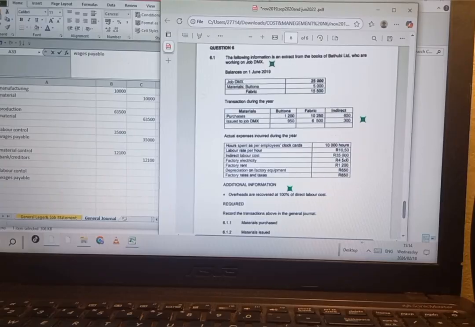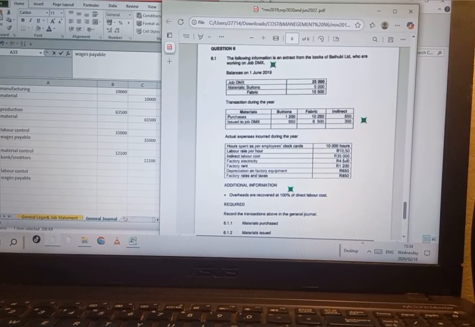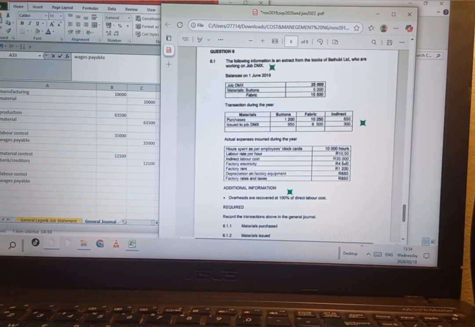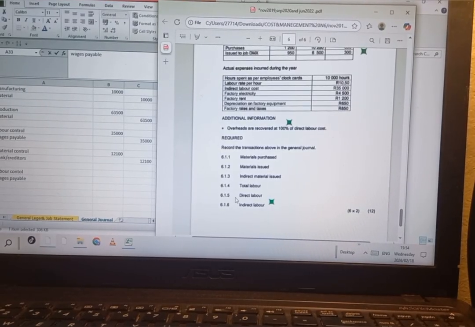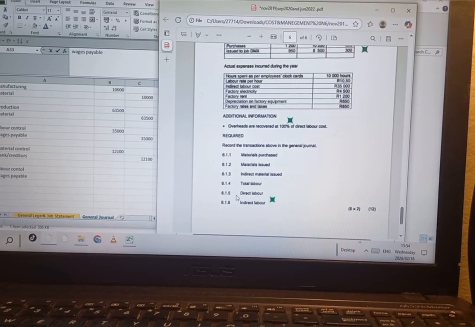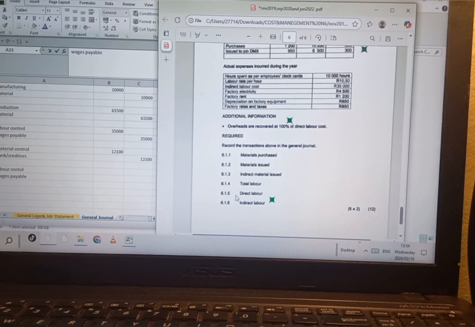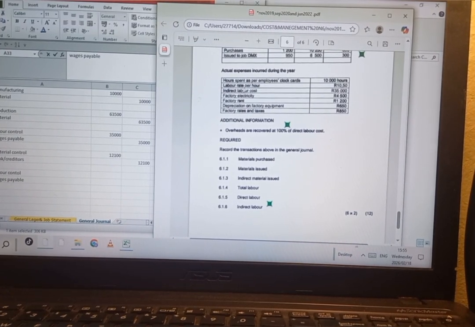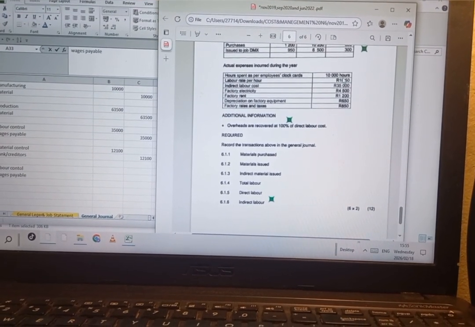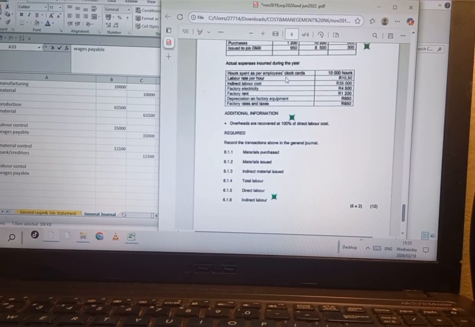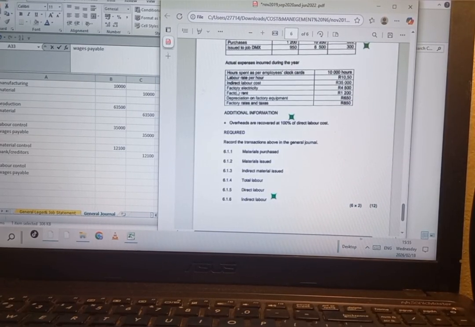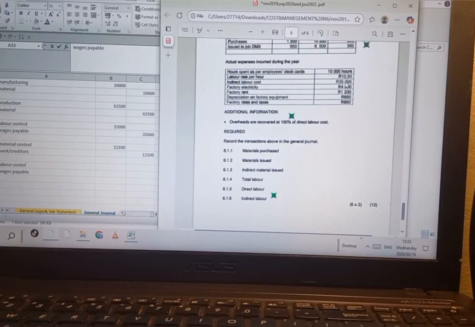So we want the total labor, meaning we include the direct labor and indirect labor, the same as total material control, where you include direct material and also indirect material.